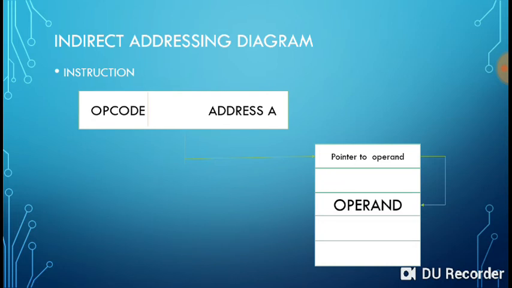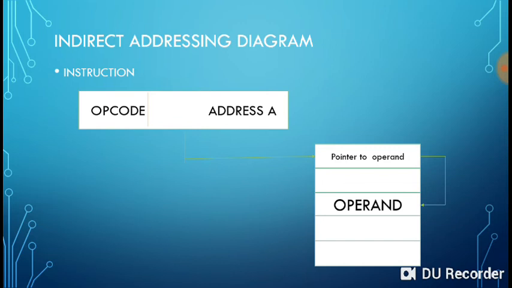So it is like using two addresses to find the ultimate destination. When the processor implements this method, it becomes a hectic job for the processor. That is what the indirect method is all about.